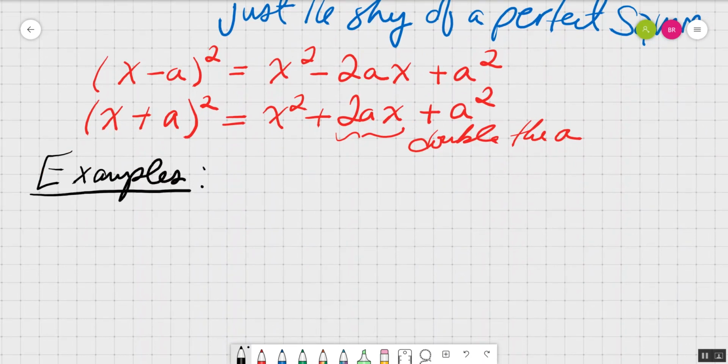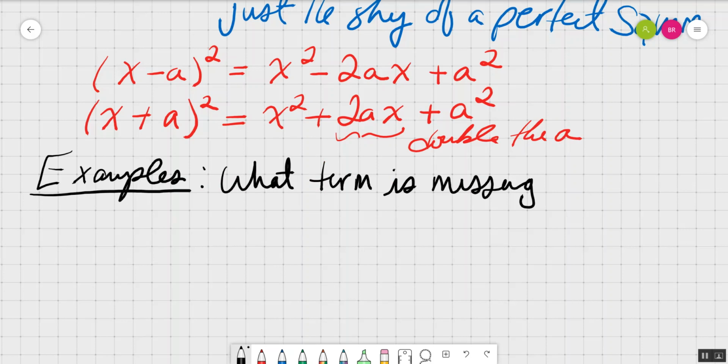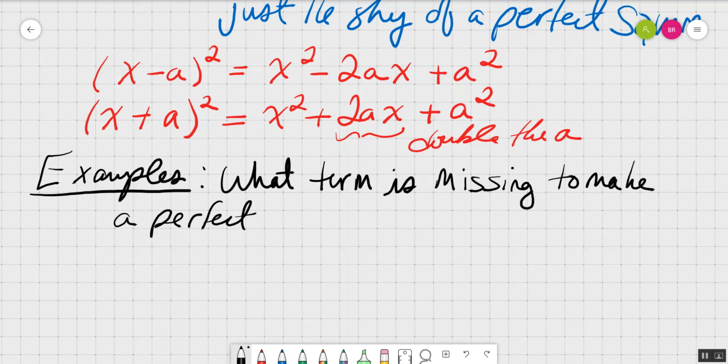So what are we going to do? What term is missing to make a perfect square trinomial?